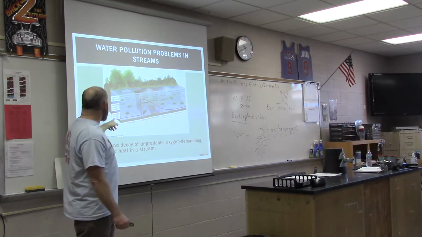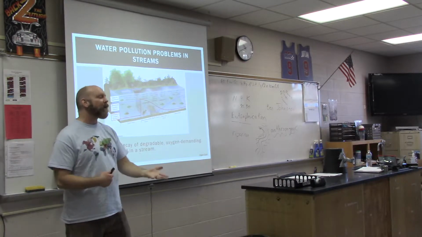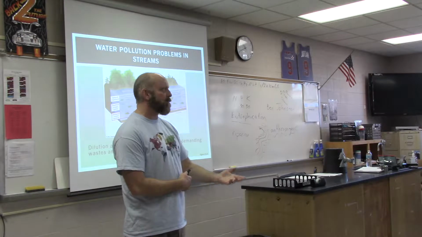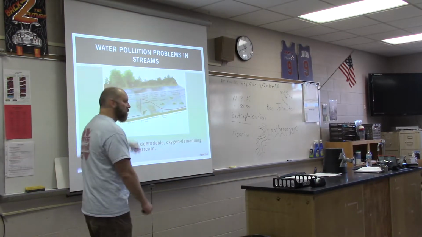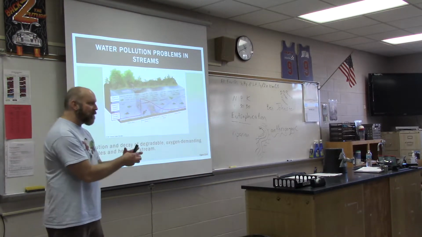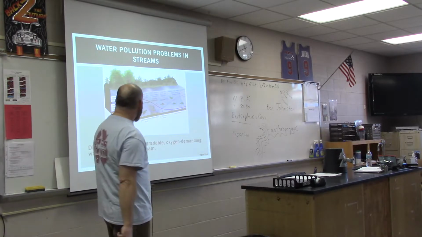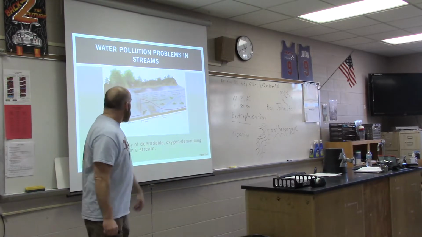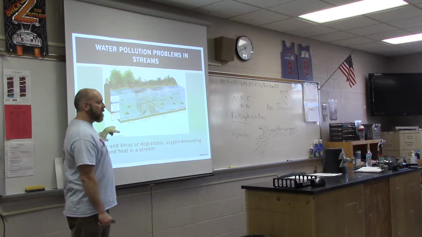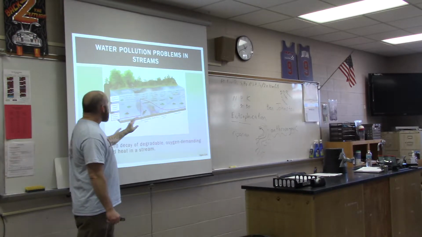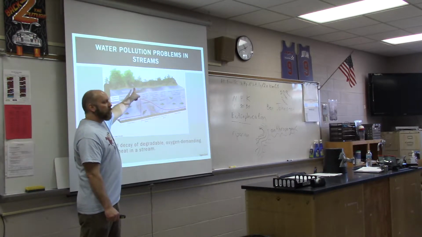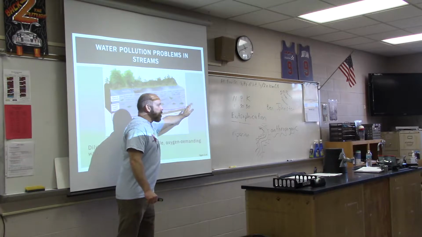So the biological, our textbook calls it biochemical. I like biological better because usually it's the bacteria, life, that's causing this oxygen demand. So here's the thing. BOD is in the red. Here's our sewage pipe, flowing to the right.